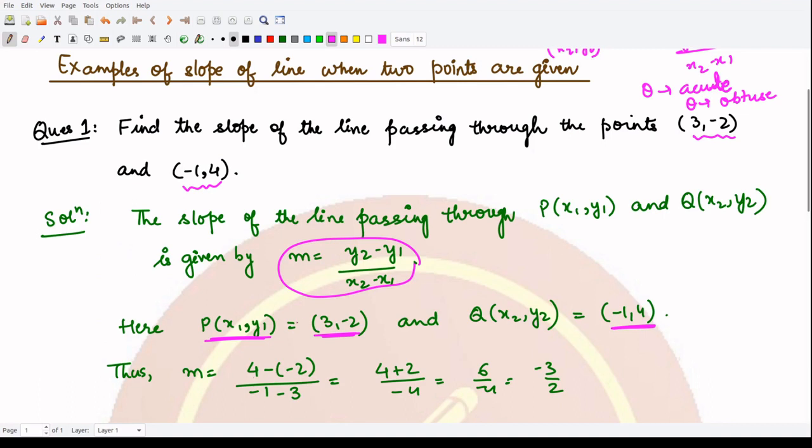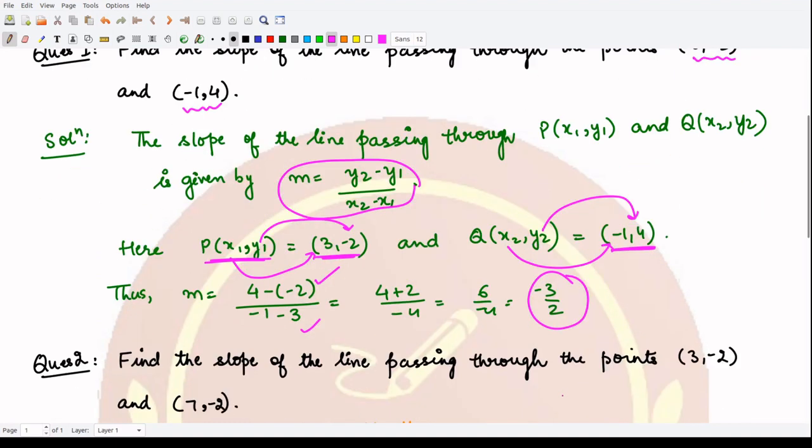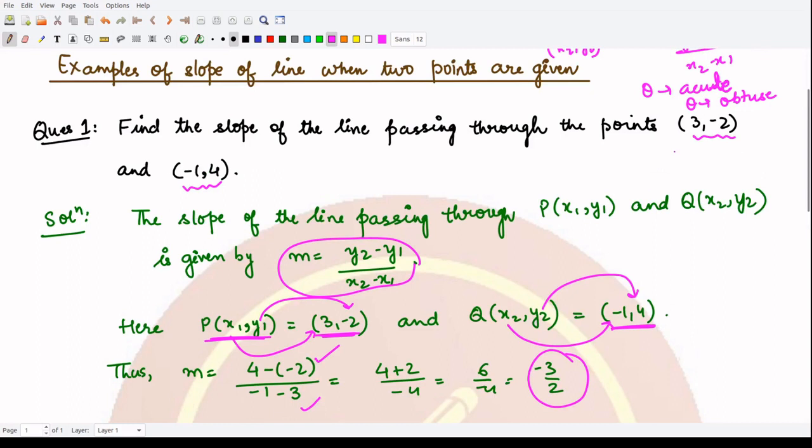The value of y2 here is 4, minus the value of y1, which is minus 2, divided by the value of x2, which is minus 1, minus the value of x1, which is 3. When you solve this, you get the value as minus 3 by 2. Hence the slope of the line which passes through these 2 points is minus 3 by 2.